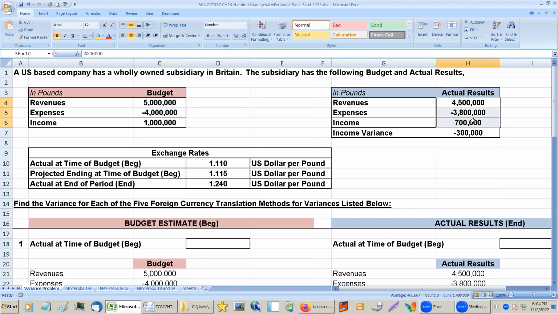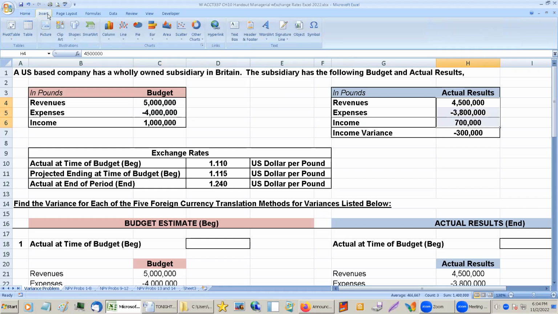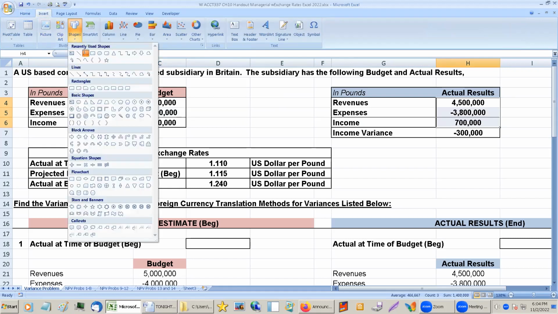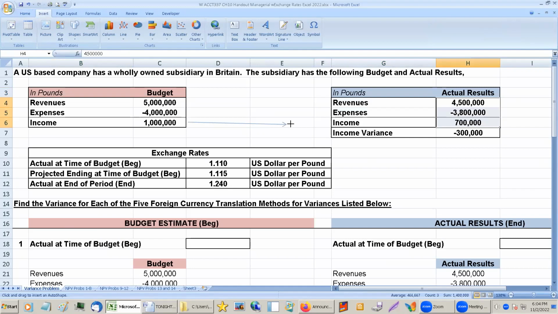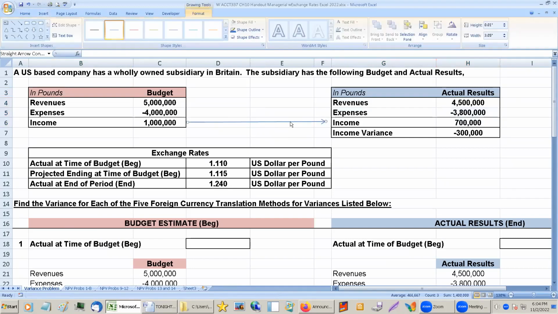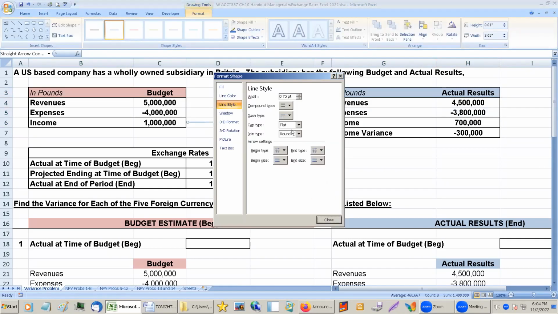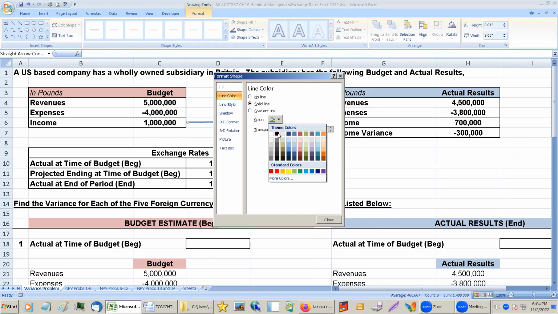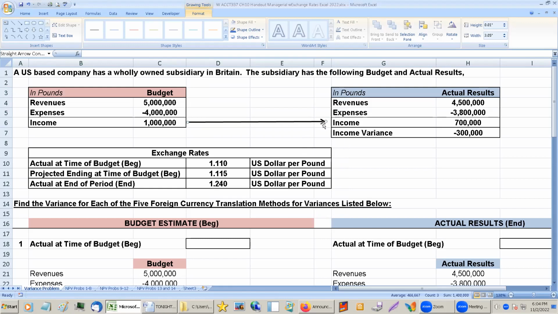Over here's what they actually did. And so the difference between these incomes is the variance.